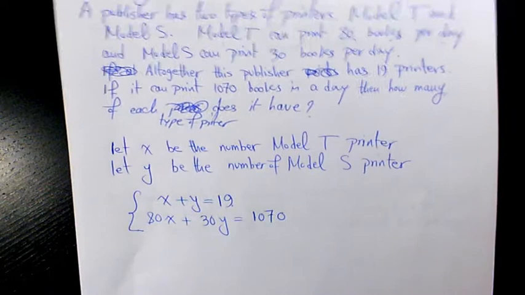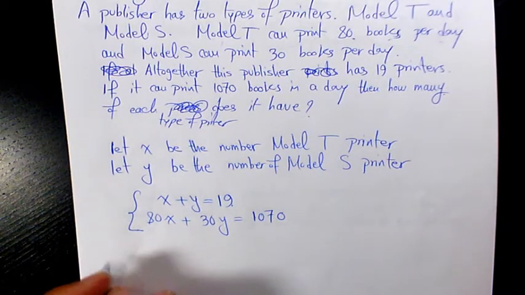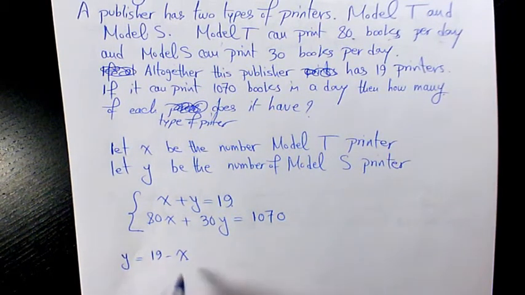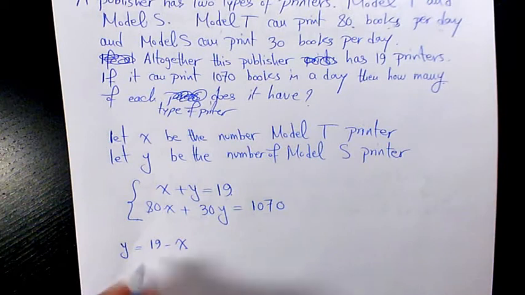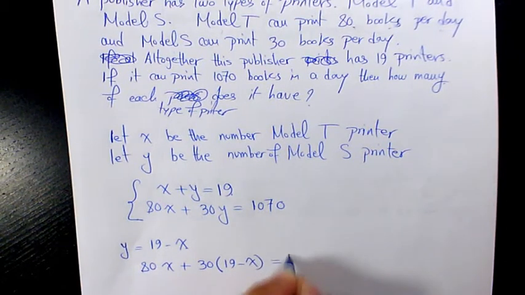Now we can use either the substitution method or the elimination method. Let's use the substitution method. So I'm going to say y equals 19 minus x. Then we substitute it in the second equation: 80 times x plus 30 times (19 minus x) equals 1070.